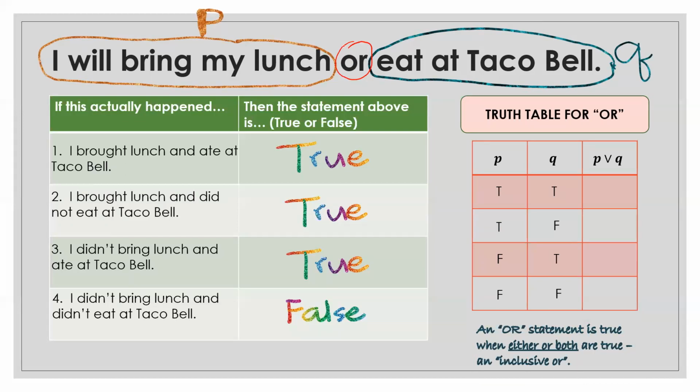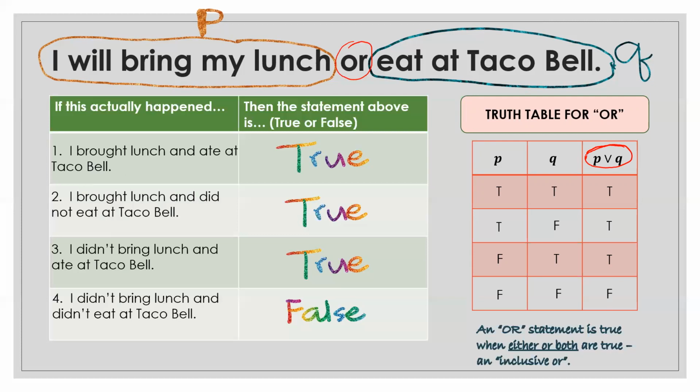Those are all possible scenarios. Then the statement P or Q would be true when either or both are true. So we would have true, true, true, and then false. And that's the truth table for or.